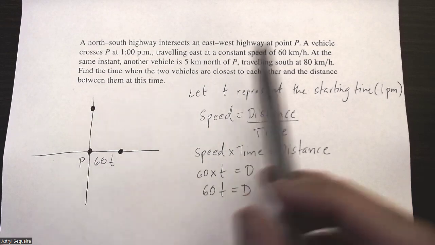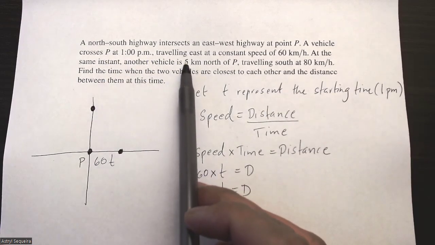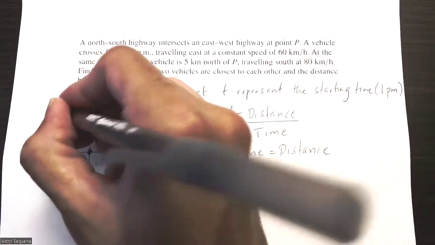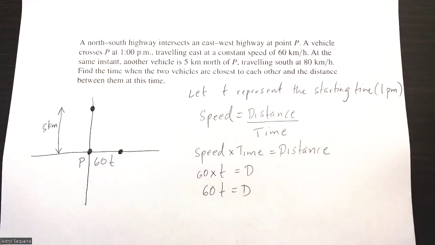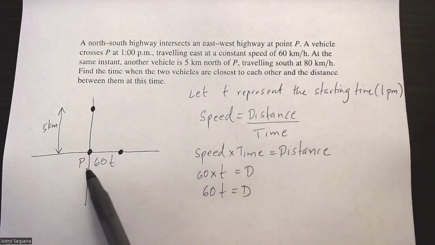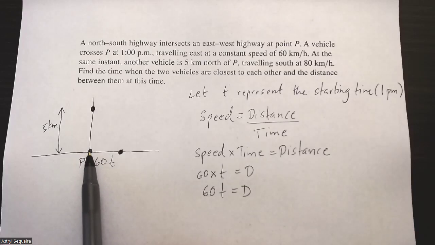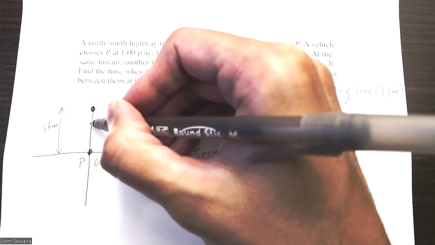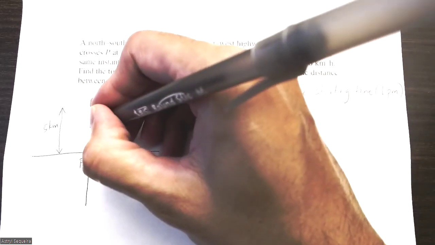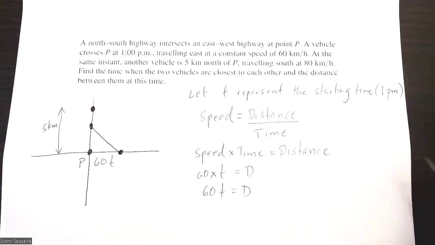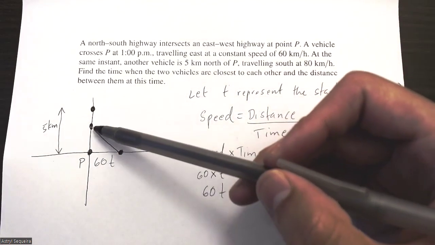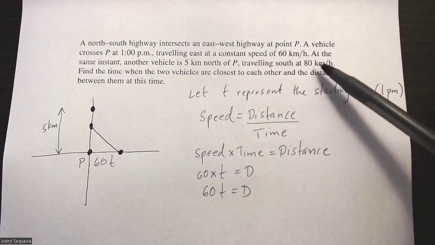Now, I know that at the same instant, another vehicle is 5 kilometers north of P. So this whole distance here is 5 kilometers. Now, if it takes t amount of time for this car to travel from here to here, it's going to take t amount of time for this car to travel from here till somewhere here. And then we are assuming that this is the closest distance in this question. So the distance traveled will be from here to here, and the speed of the second car is 80.